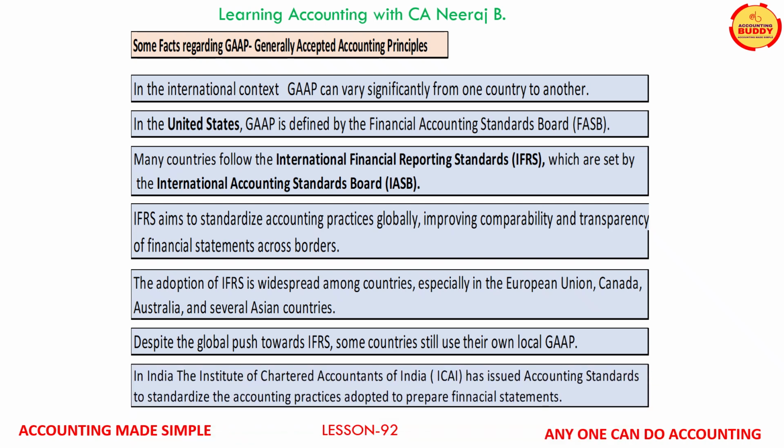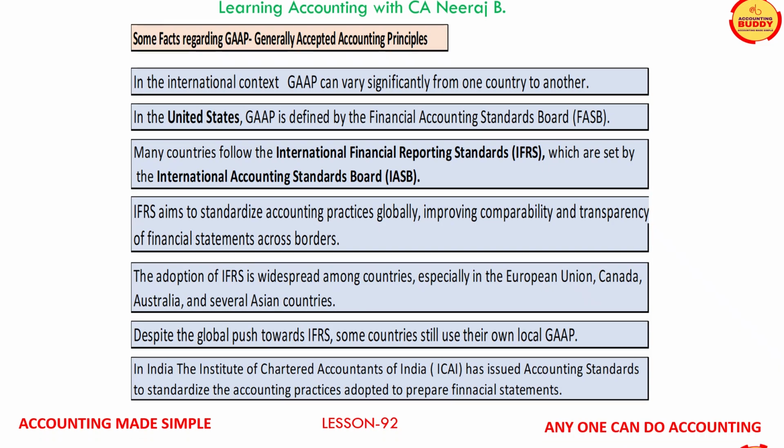In India, the Institute of Chartered Accountants of India has issued the Indian Accounting Standards to standardize the accounting practices in India. So a business which operates in the US will follow the US GAAP, while a business which operates in India will follow the Indian accounting standards for preparing their financial statements.